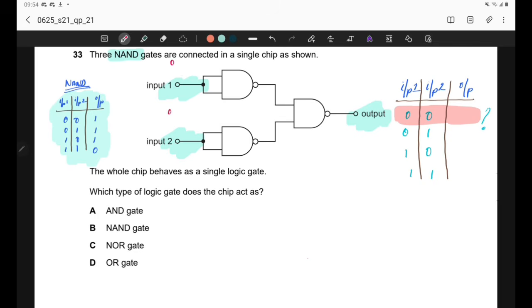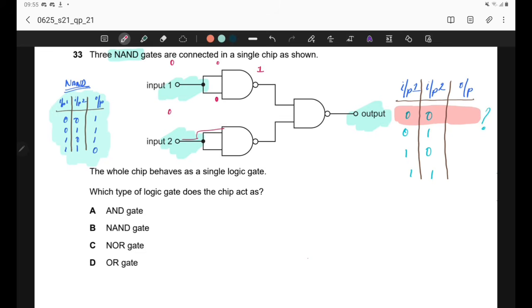When 0 0 is the input, we know that the output will be 1. So here as the 0 is connecting to both the inputs, both inputs of the first NAND gate will be 0. As a result, the output of first NAND gate will be 1. Likewise for input 2 also we have connected 0.